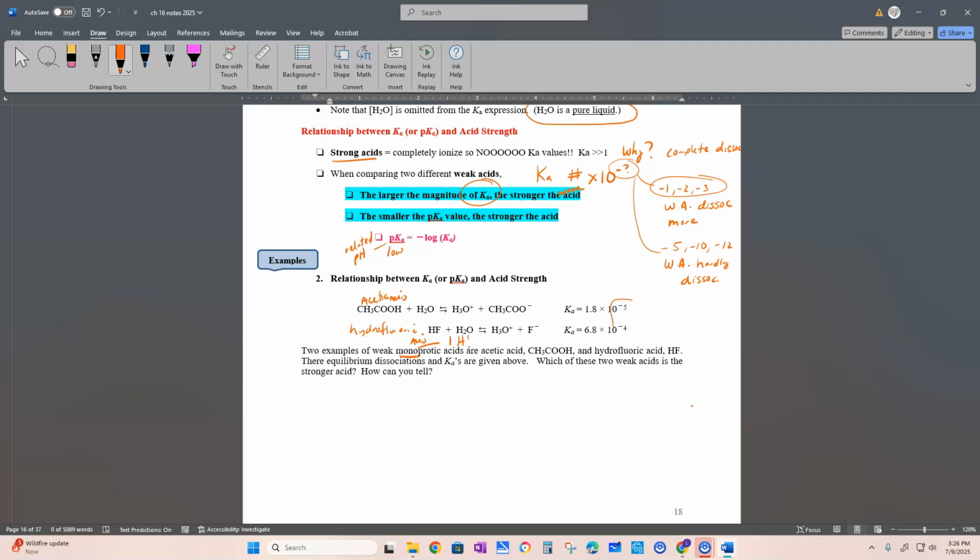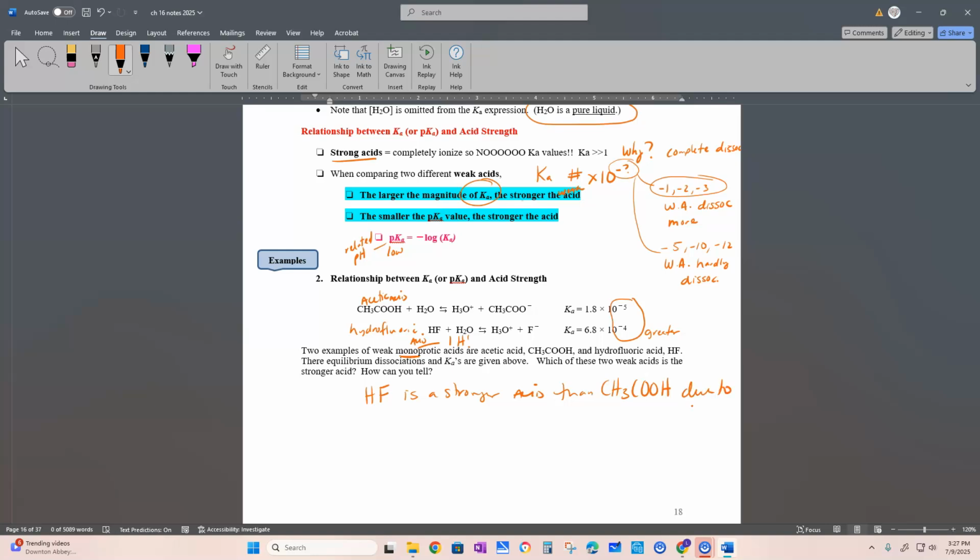All you have to do is look at the exponent. Which exponent is larger, is greater? Remember, these are negative exponents. -4 is greater than -5. So I would be telling AP that HF is a stronger acid, and you always have to mention the other one, CH3COOH, due to what?